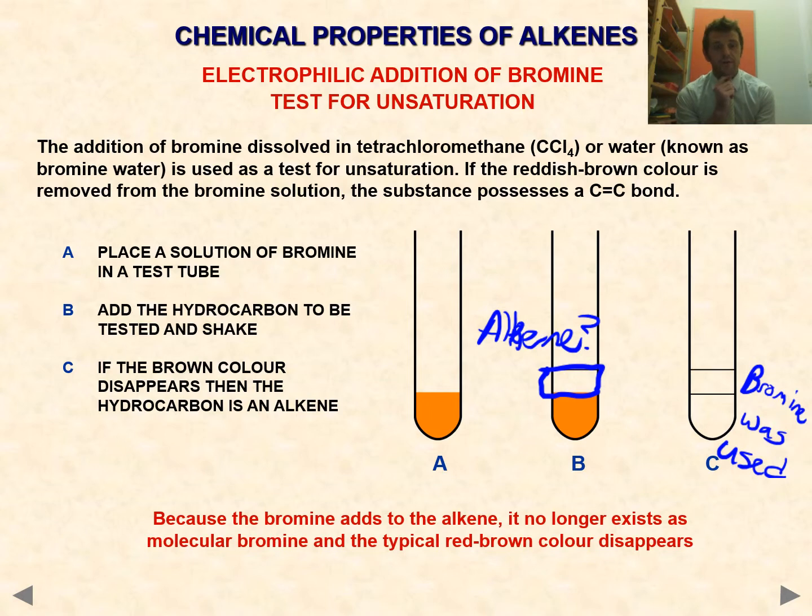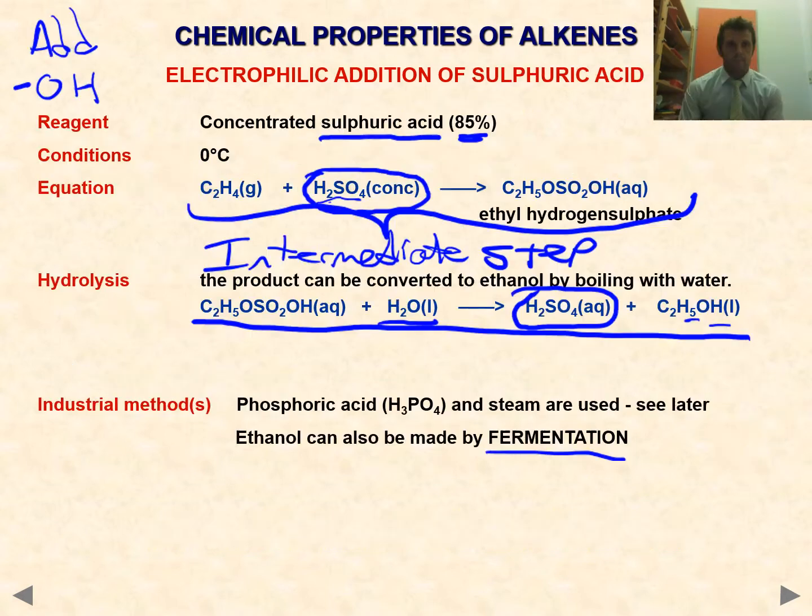If the brown color disappears, that means that the bromine was used. It was completely used up. It was the limiting reagent, if you will. It has added on. So if it disappears, then the hydrocarbon's an alkene. If not, then it wasn't. It would have been an alkane.